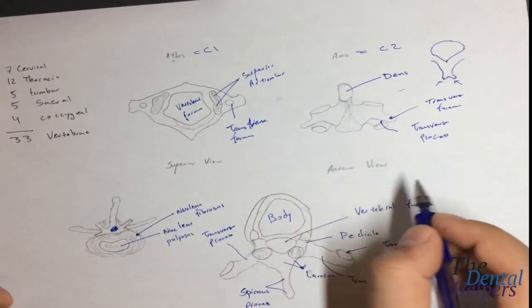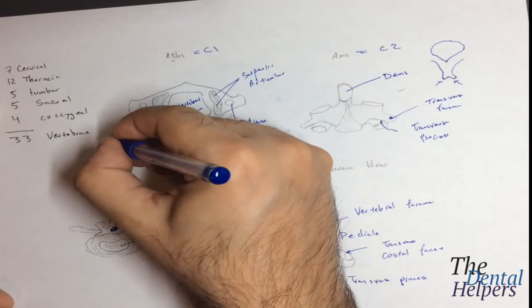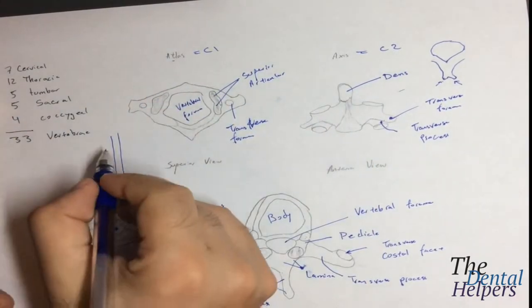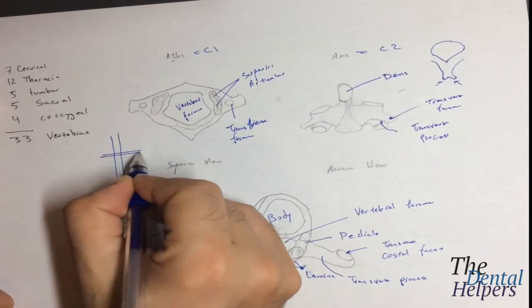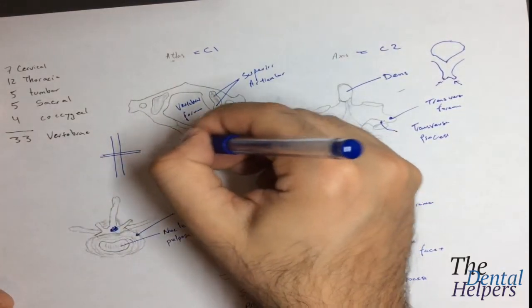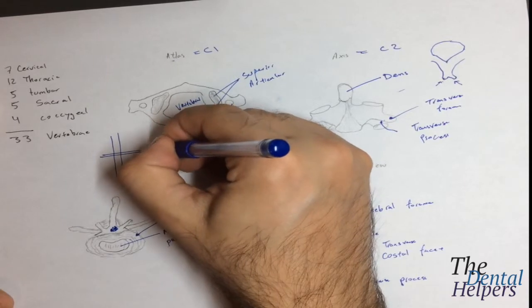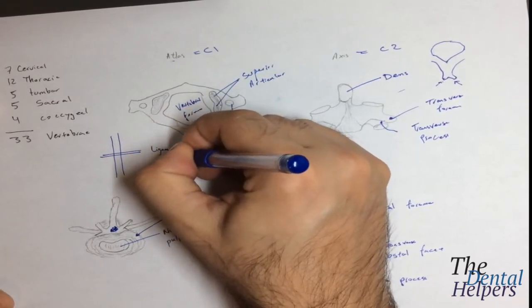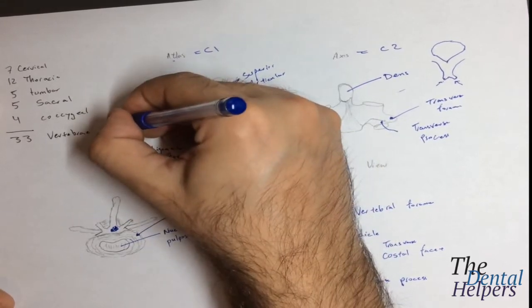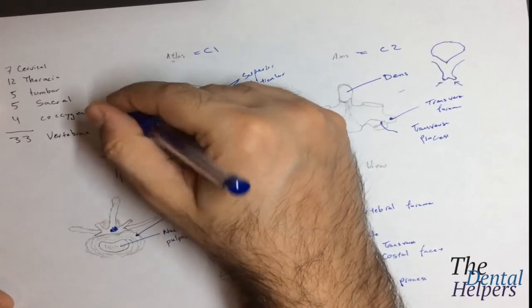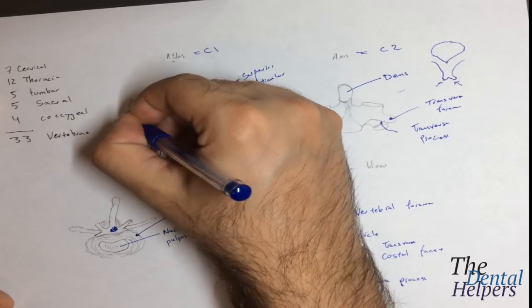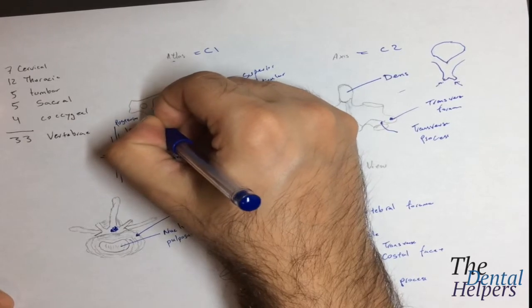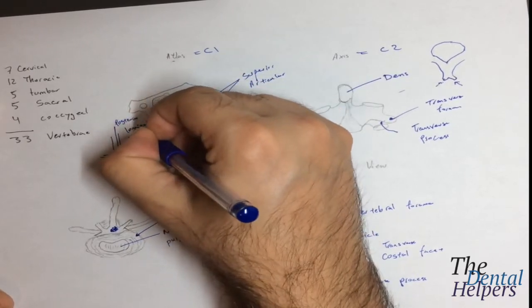So if we think about our spine, imagine it like this. The ligament that's going this way is going to be the ligamentum flavum. The ligament that's going to go along the spinal cord is the posterior longitudinal ligament.